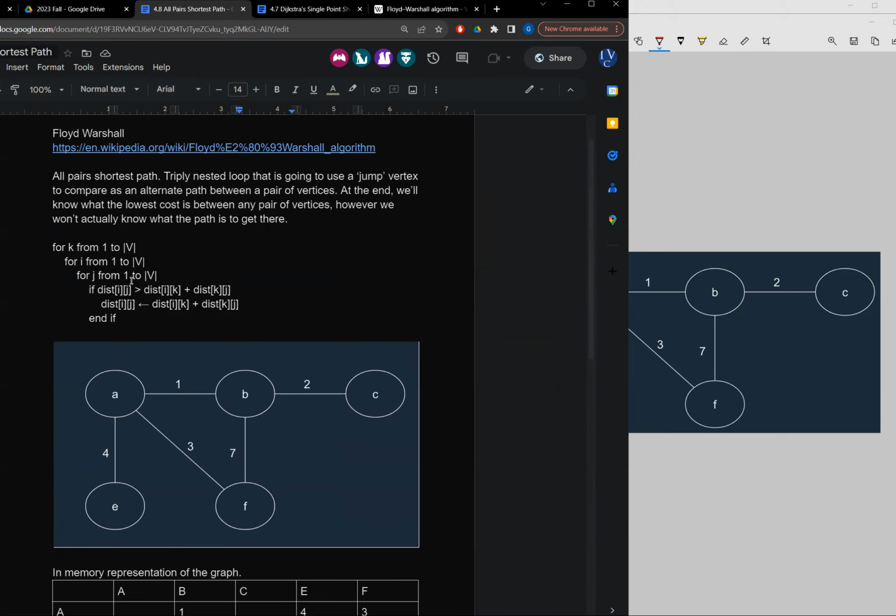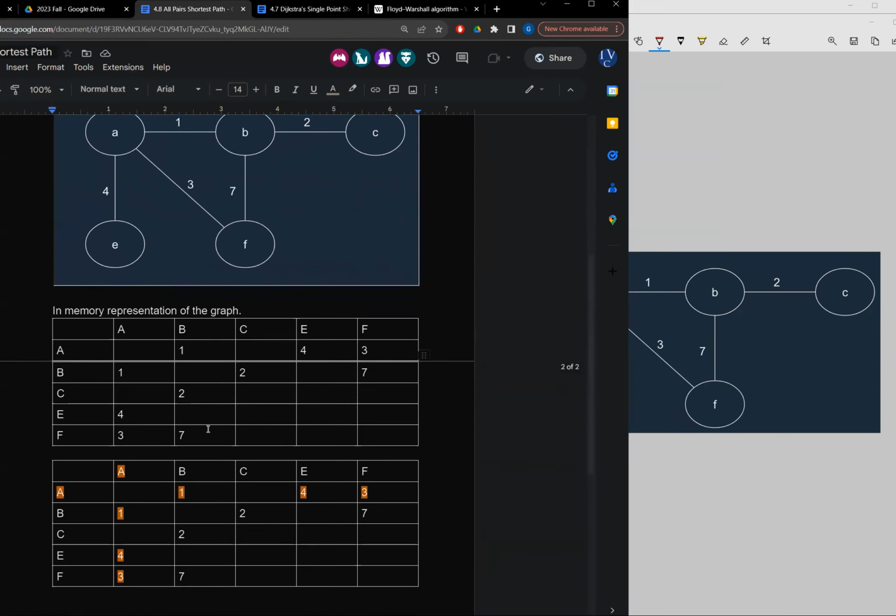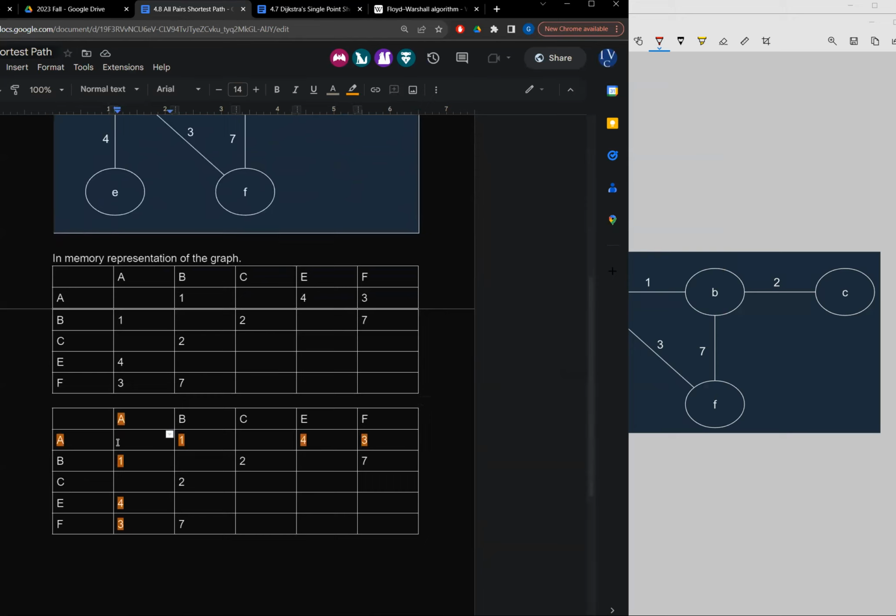Very first time, k is A. So is the distance of A greater than the distance of A plus A? We're going to replace the value. All right, so assuming non-negative values, A is not going to be less than A plus A. And the way for them to make that be true would be negative values, right?